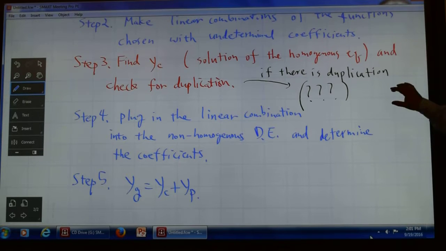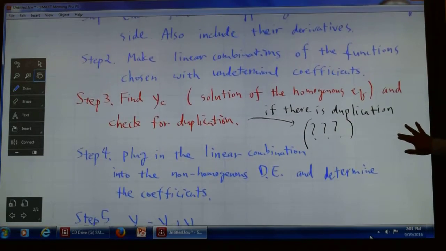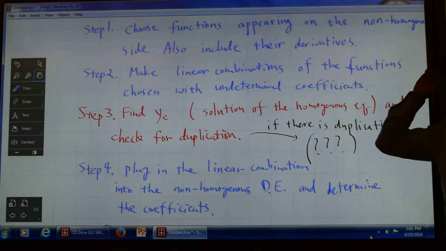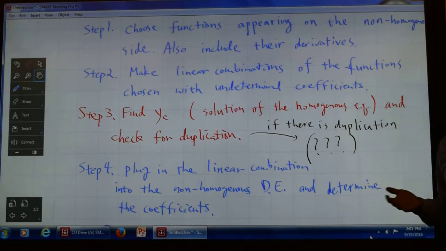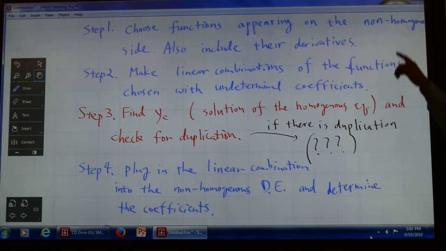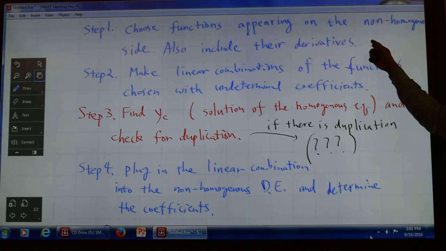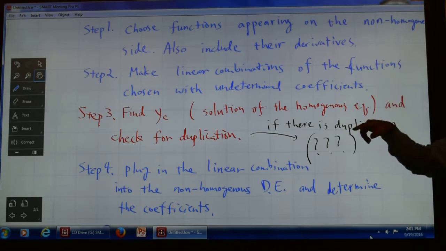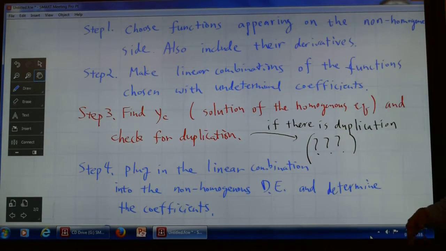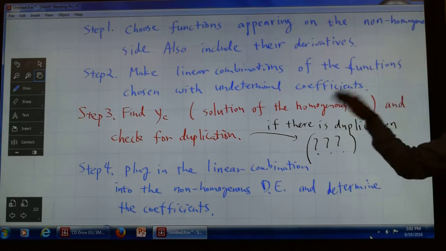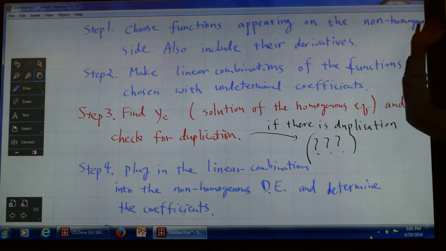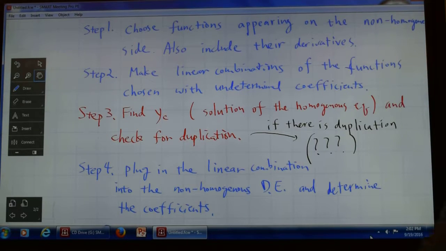See, the real problem has to do with the first step. So for example, if your right side was simply tangent x, it looks innocent, right? But once you try to apply step 1, not only do you have to include tangent x because it's the function itself, but the derivative of tangent is secant squared. And then the derivative of secant squared is something times secant squared times tangent x. So that has to be included. And then the derivatives never stop. So the list goes on forever, and you can't do anything.